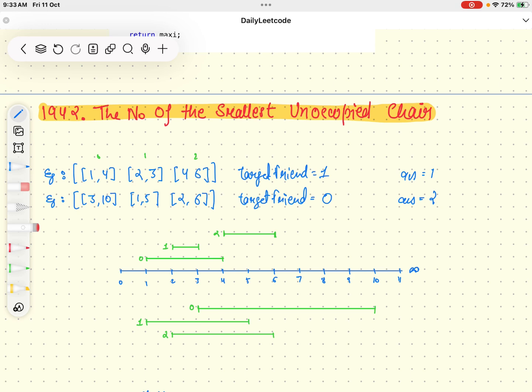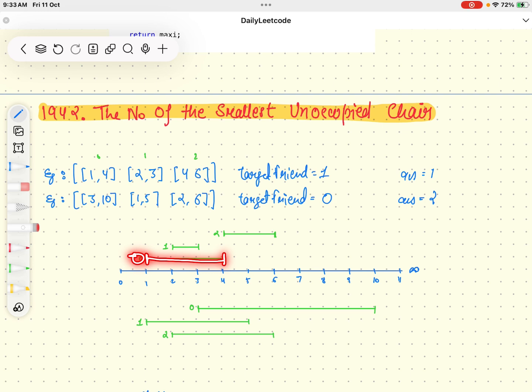If we look at this timeline, which is starting from 0 and going till infinity, and this upper part is for example number 1, it says that the 0th friend will arrive at 1 and leave at 4.